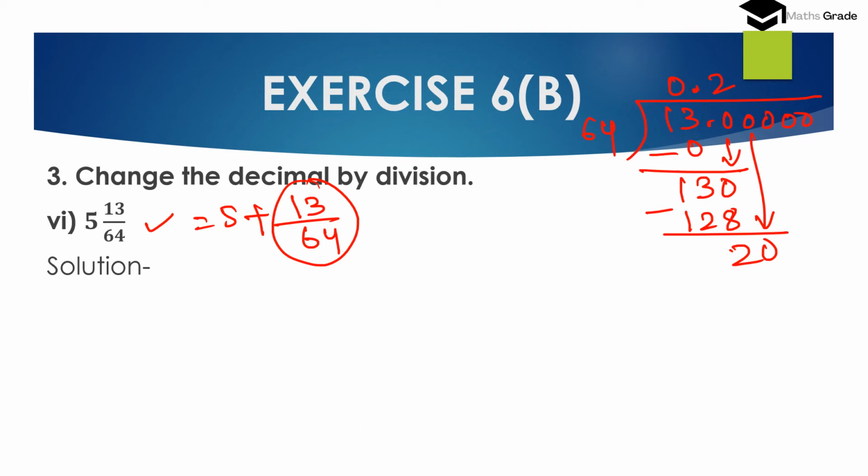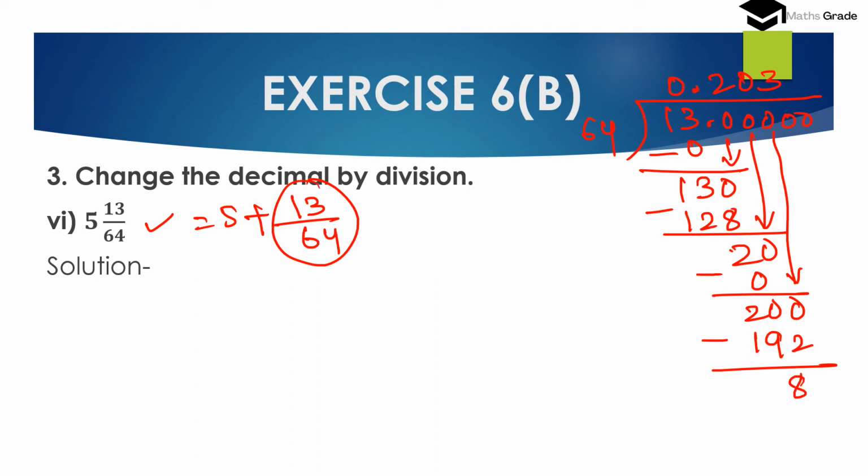So we have to multiply 64 with 0. 64 multiplied with 0 is 0. Now 20 minus 0 is 20, and write this 0 here. One more 0. Now 200 in the table of 64. 64 multiplied with 4 is more than 200, so we have to multiply 64 with 3. 3 6 is 18, 3 4 is 12, 192. Now 200 minus 192 is 8. Now write this 0 here.